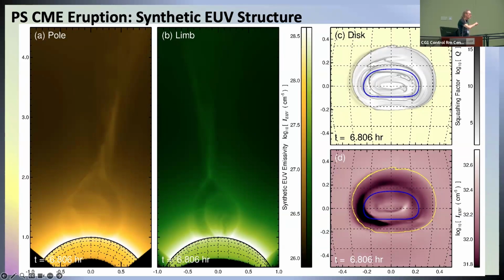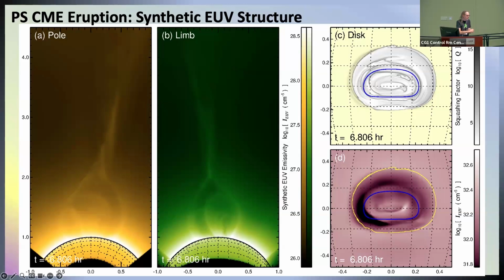For EUV, it's proportional to line of sight integrated density squared, because EUV is emission line stuff. So you've got as much material emitting, and then you need another factor of density for collisions and the atomic physics to make it.